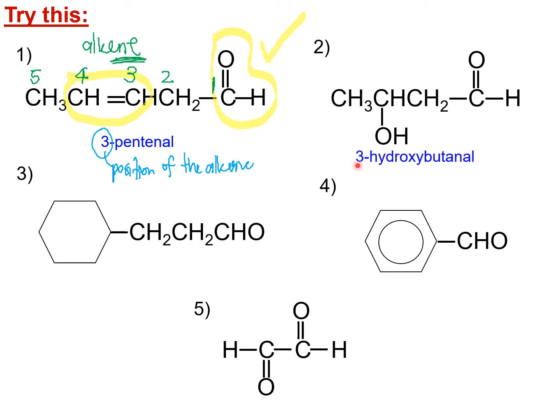This would be 3-hydroxybutanal. As usual, you look at this organic compound and first identify the functional groups present, which we can see here are aldehyde and also OH. Which one is the parent? The priority goes to aldehyde. So the carbon with the aldehyde group will be numbered carbon number 1.